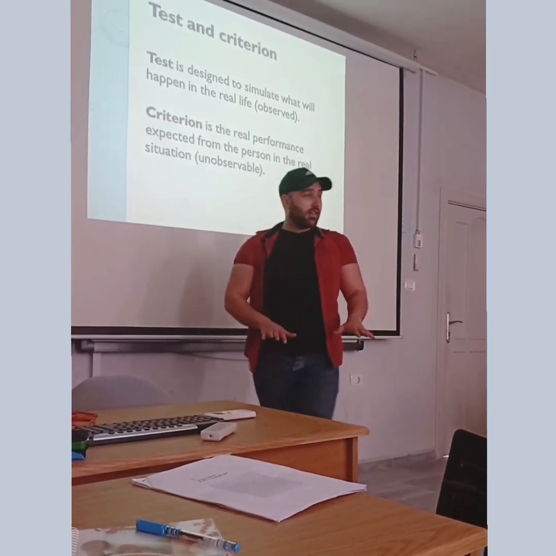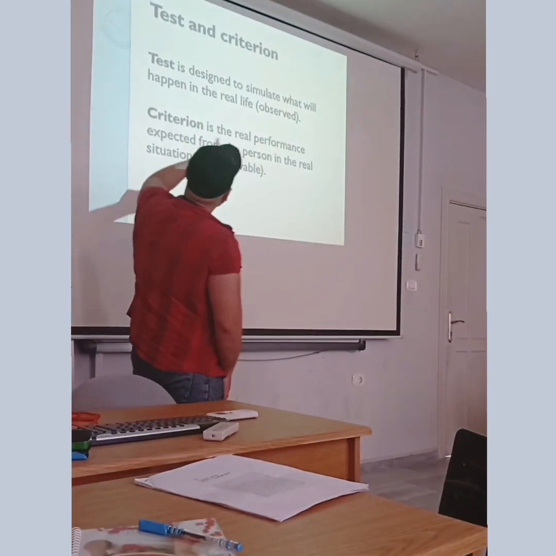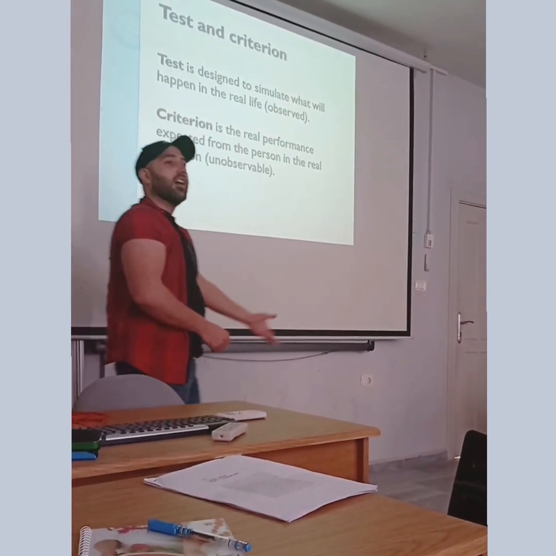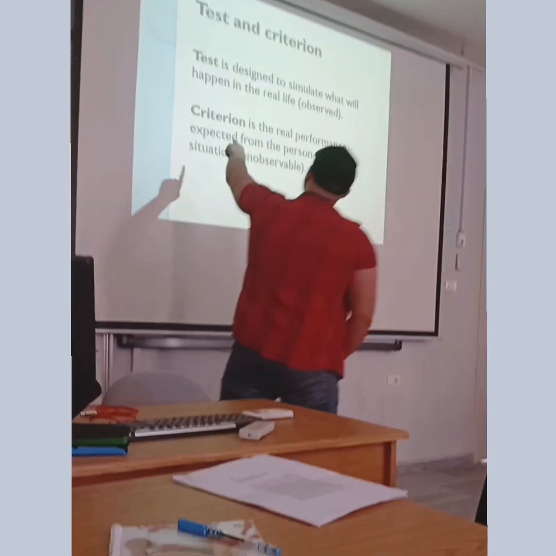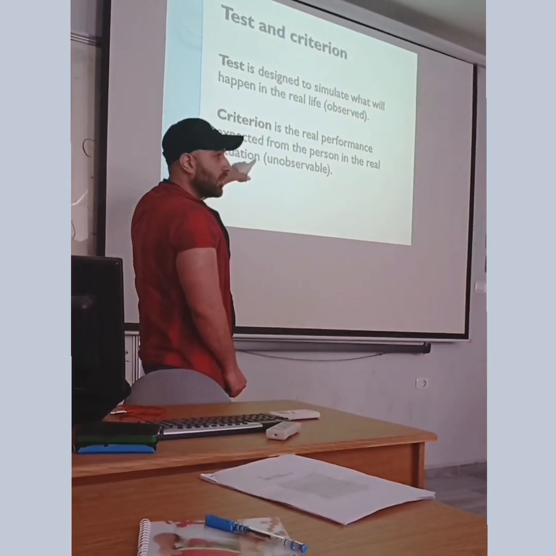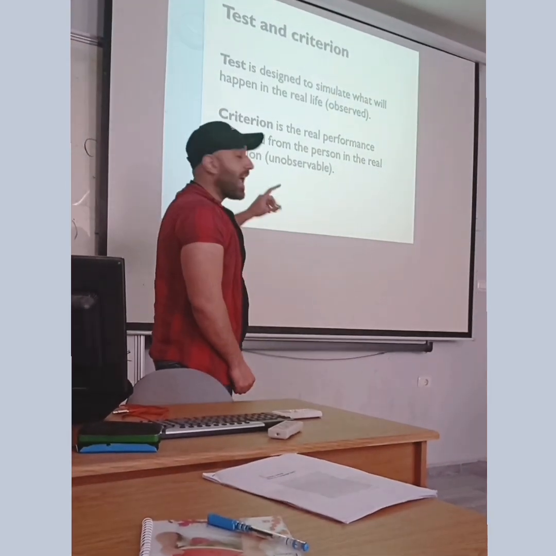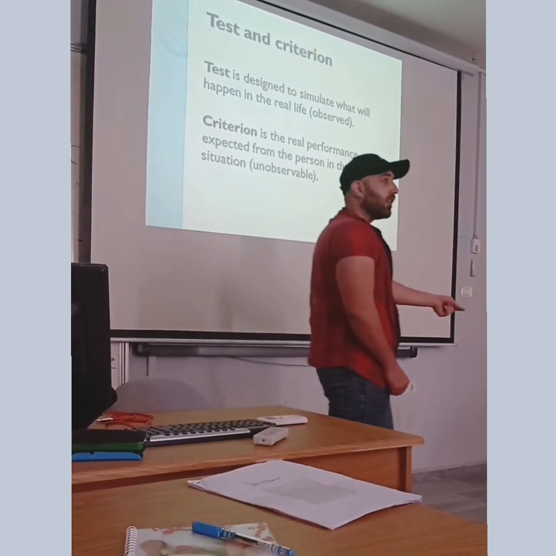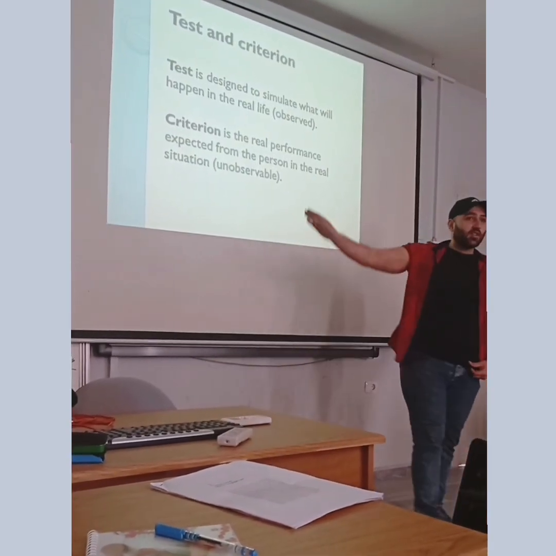This is a test. So, Ms. Daniela will use this test to predict our performance in the real life. Future. So, we use a criterion to design a test. And we use test to predict the real life situation, which is referred to as criterion.